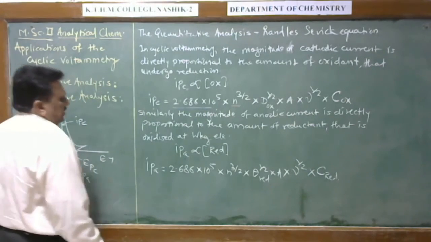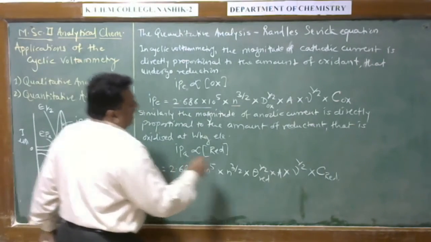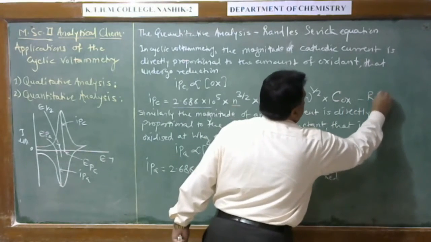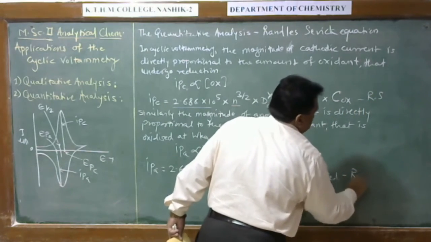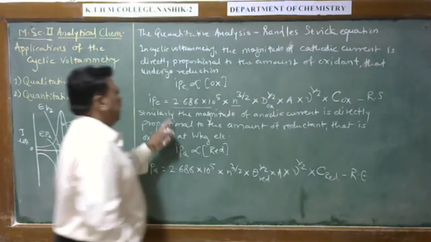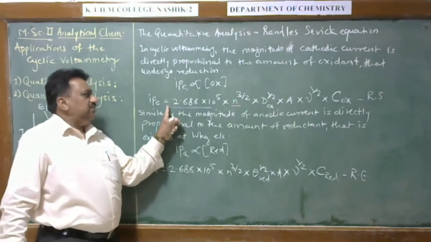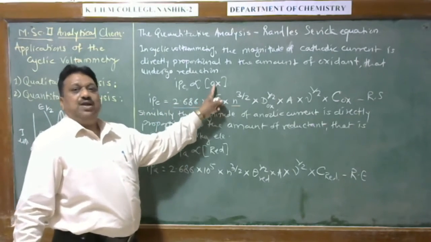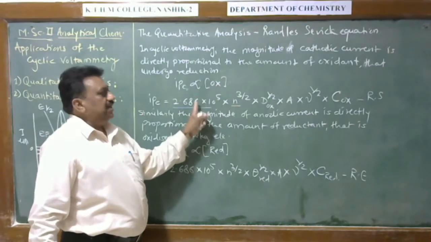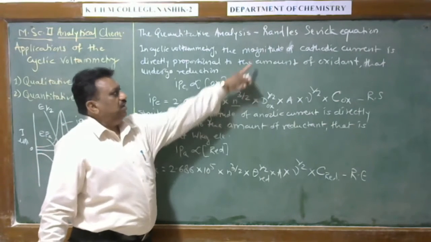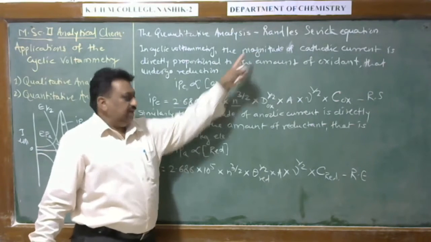Now in this case, these equations are called the Randles-Sevcik equations. The first equation is utilized for determination of the concentration of the oxidant, that is the species undergoing reduction at the working electrode, if we measure the cathodic current.